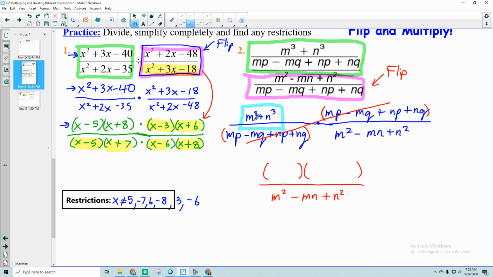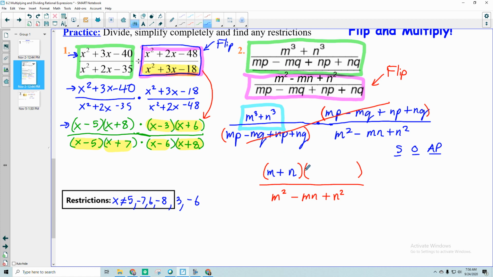Okay. However, for this sum of cubes, when I take the cube root of both of these, I get positive m and then positive n, and the same sign for that first one. If I'm using that method of SOAP, same sign, opposite sign, and then always positive, when I'm doing a sum or difference of cubes.